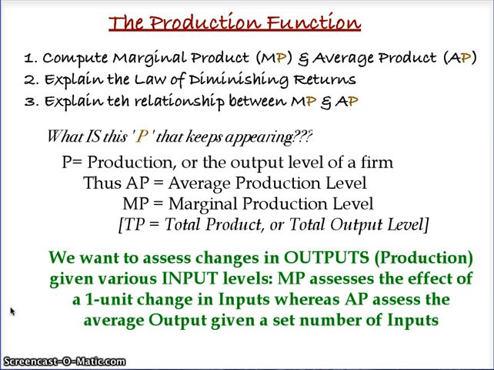Average product takes a look at a given input level and averages out the outputs at that particular point. So we're going to assess these two items: marginal product and average product. And as we see in number 3 in our goals up top, we need to identify relationships. So let's get into it.